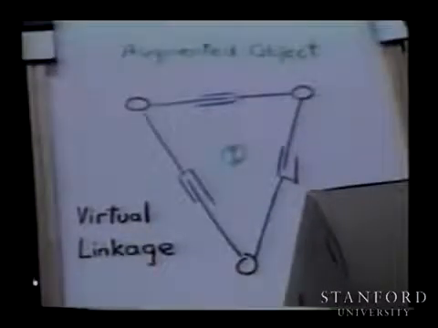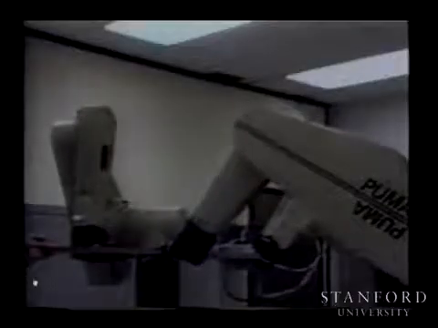You need to control internal forces, and there is a model called the virtual linkage model that we developed to allow us to capture those variables that you have internally. And for the first time, we were able to produce four-arm manipulation. You have three, and you have the driver. And you can see resulting compliant motion and also internal force control to maintain those contact points and to manipulate this object that we call augmented object.